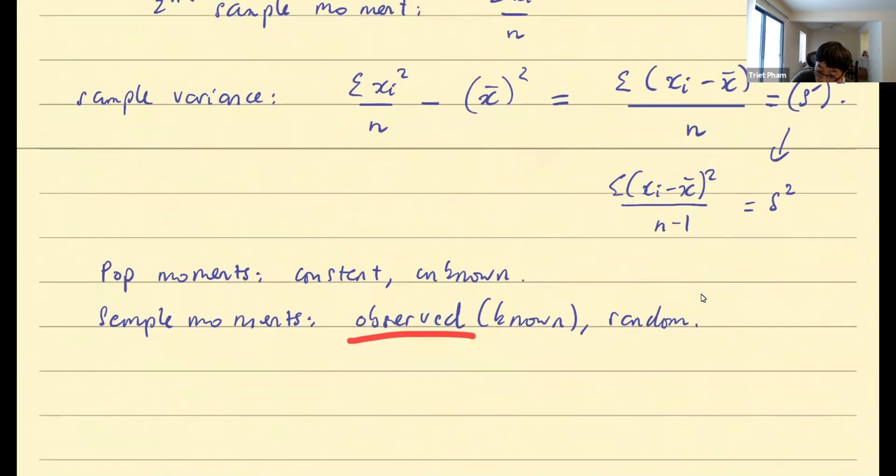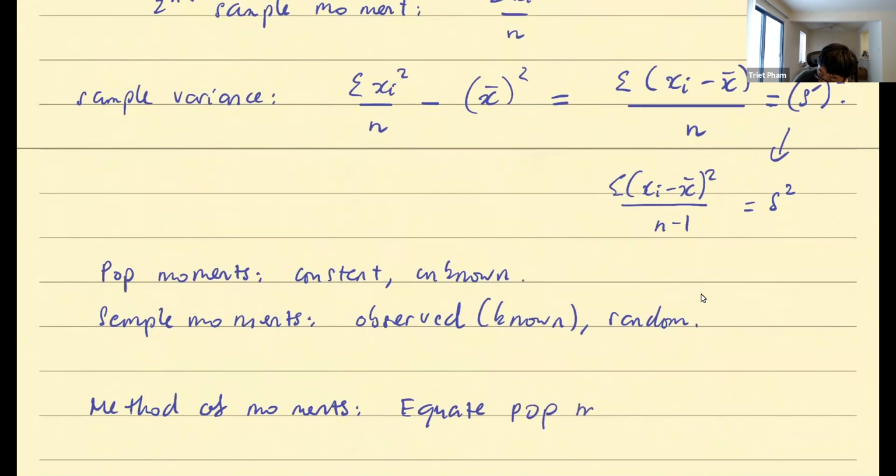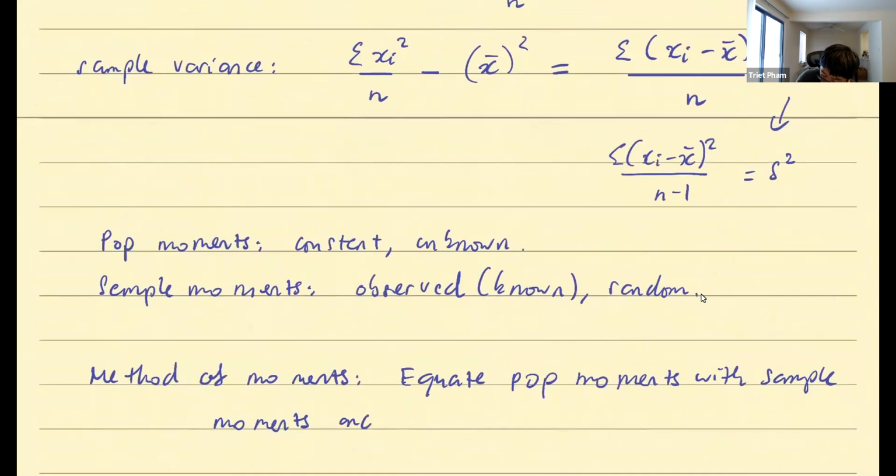So the method of moments says, just equate them and solve for the unknown parameters.